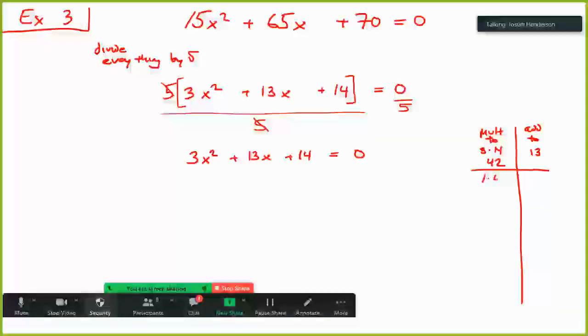So 1 times 42 and then 2. I don't know it off the top of my head, so we divide. 42 divided by 2 is 21. So 2 times 21. And 42 divided by 3, try that. 14. Try 4. 42 divided by 4.